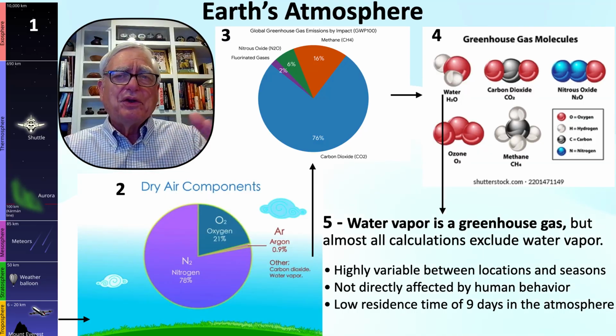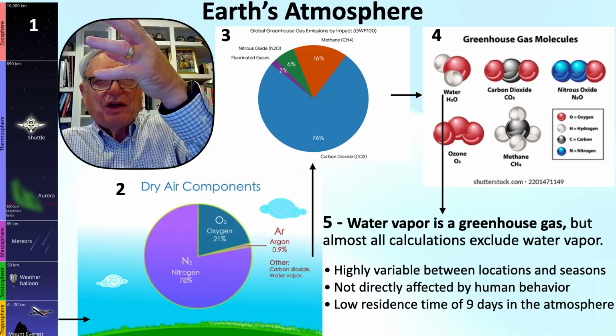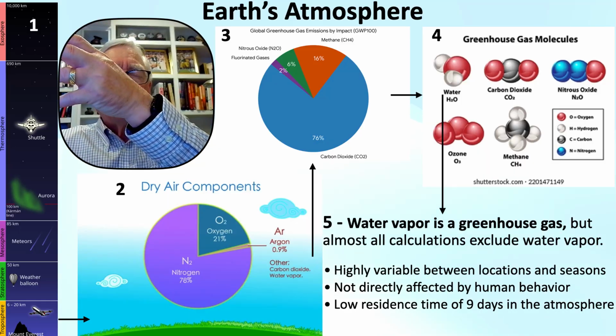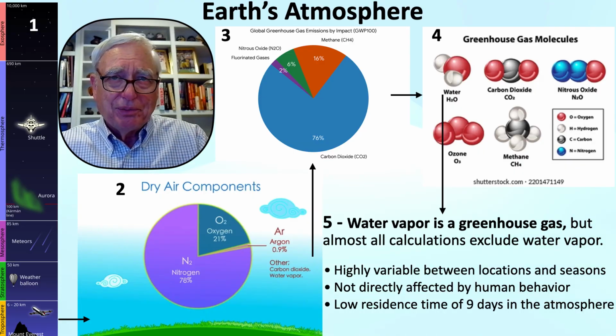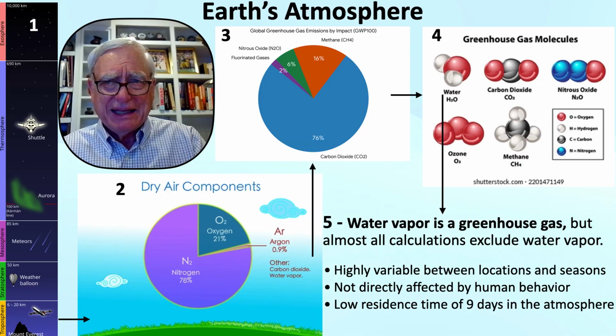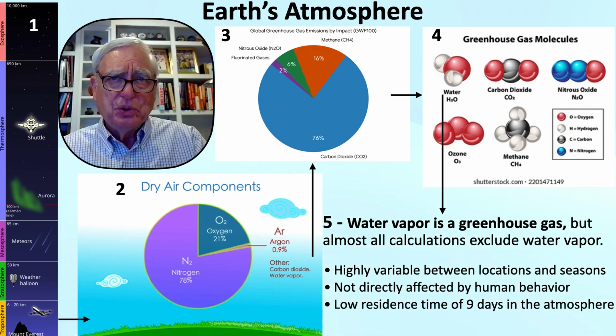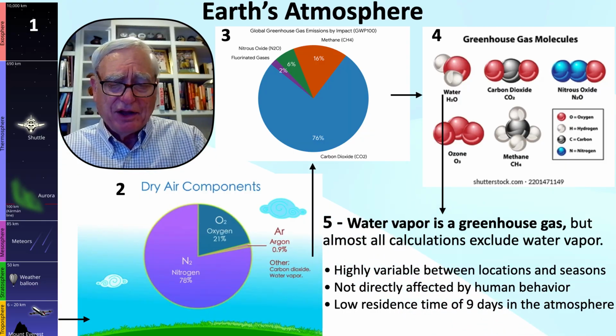So even if humans did cause water vapor levels in the atmosphere to go up dramatically, in 9 days it would return back to normal. That's what they're saying. So that's why water vapor is typically not included when they talk about greenhouse gases.